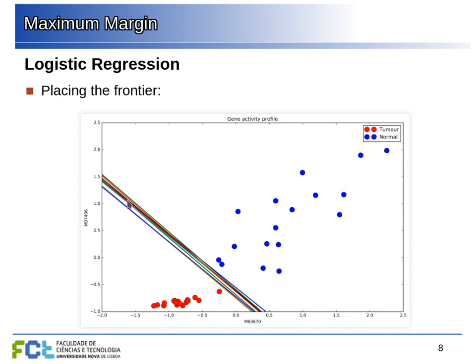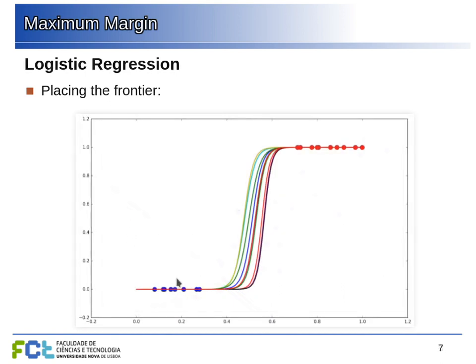But one thing that we find is that if we have a very steep function here in this logistic function, we will have a larger range of possible values where the error is nearly the same, because since the function steps very quickly from 0 to 1, whether we put it more to this side or this side, the error we're going to measure on the actual points of class 0 and class 1 will be the same.